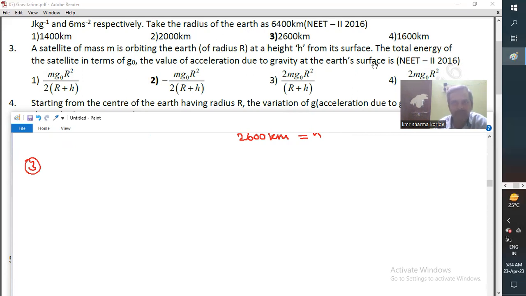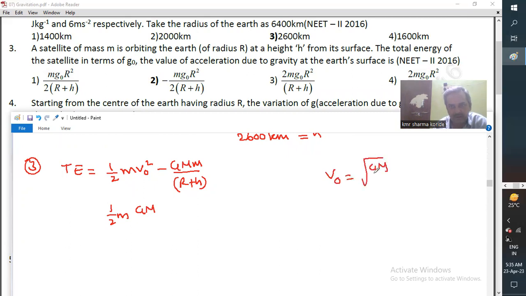Total energy for the satellite: it possesses kinetic energy due to its orbital velocity, and get back the expression of potential energy, minus GMm by R plus h. Orbital velocity when the satellite revolves at a height, R plus h from the center, is root of GM by R plus h.